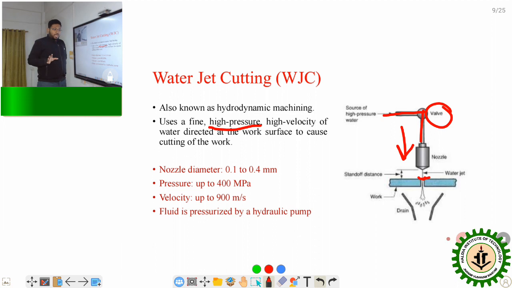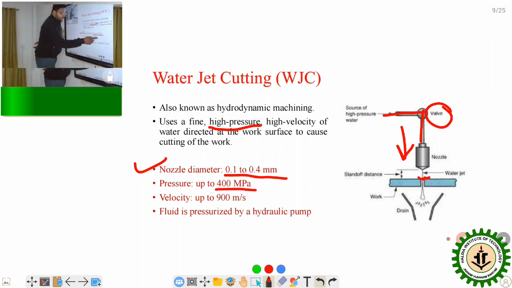So, regardless of those matters, the material can be cut into two pieces, or we can create a small drill over a heavy duty or a very hard material. The nozzle diameter varies between 0.1 to 0.4 mm, which is very difficult to drill in conventional machining process. So this is the main advantage of the water jet machining.